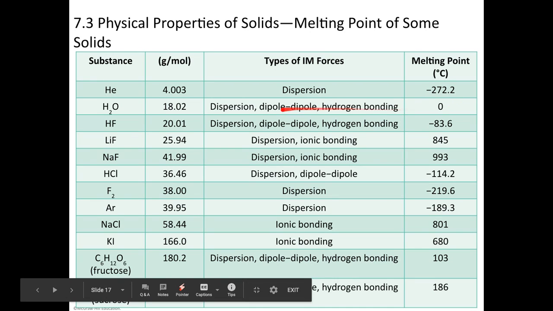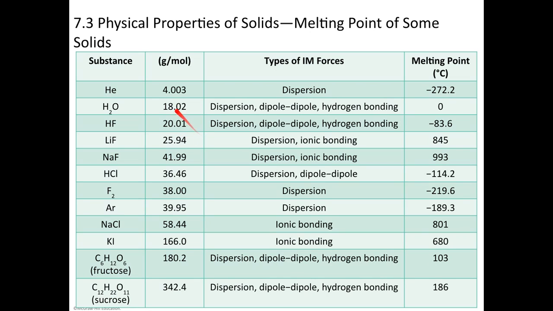Water is 0 for its size. It has a relatively high melting point. Helium, again, just an atomic substance which just has dispersion, has a very low melting point because of very weak intermolecular forces. And so connecting intermolecular forces to melting point is an important key to this type of discussion.